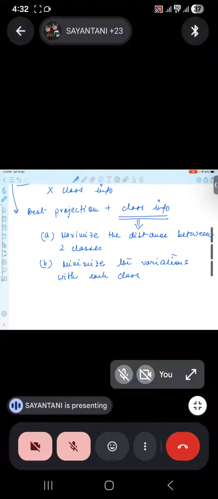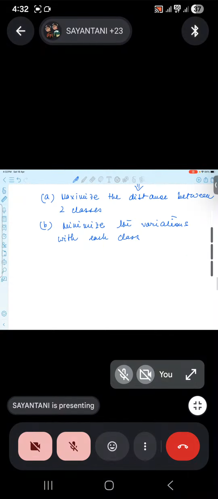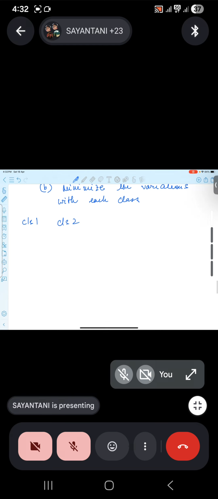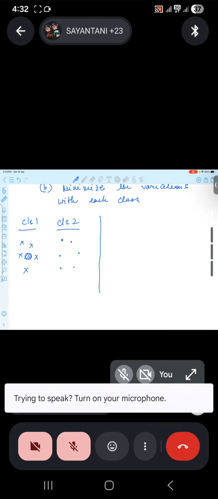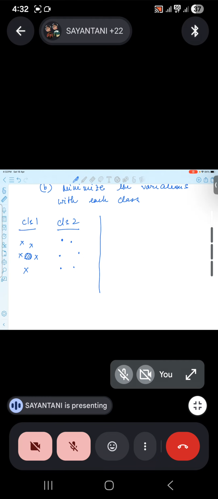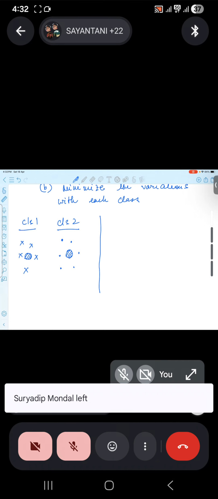So let me give you an intuitive idea about what kind of distance I am talking about. Suppose I have class 1 and class 2. These are the data points that belong to class 1, and these are the data points that belong to class 2. For class 1, suppose this is the centroid, or rather the mean value of class 1, and suppose this is the centroid of class 2.